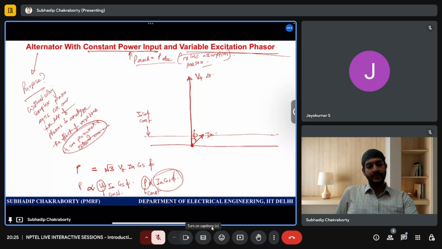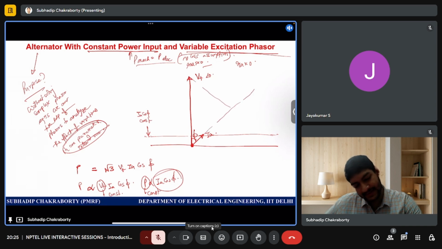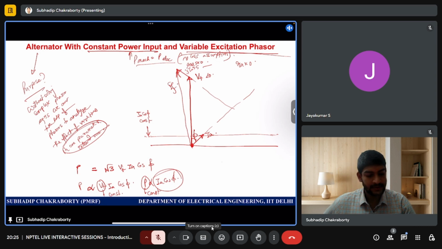Now tell me, let us assume RA to be 0. Now VT plus IA RA plus j IA XS. So j IA XS will be like this. So this is leading to the formation of EF. But you also know P is EF VT by XS sine delta.